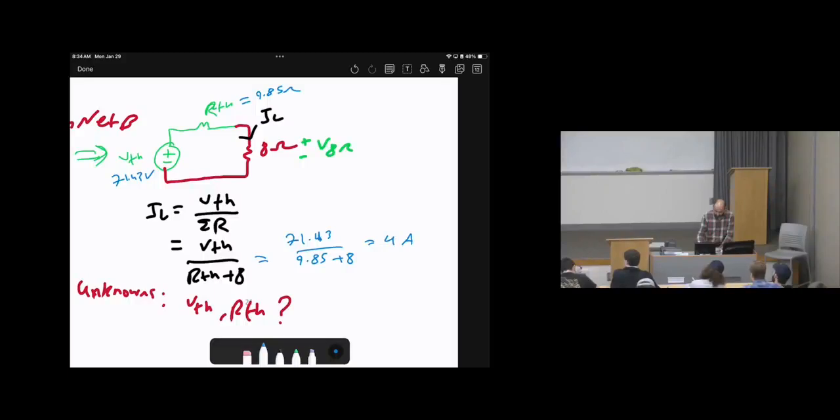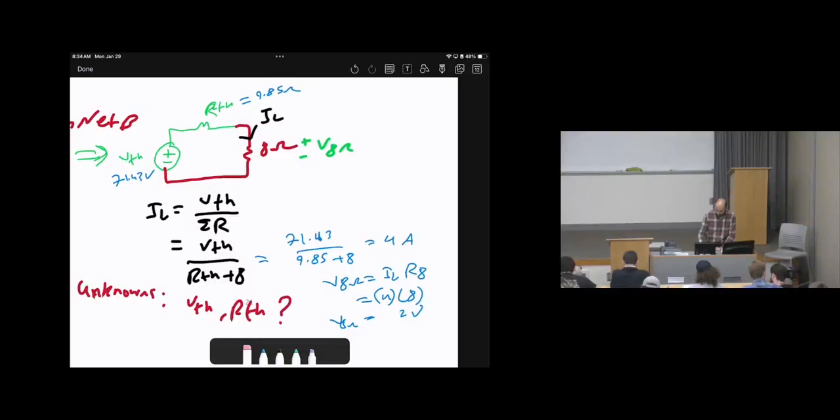So the voltage V8 ohms will be IL times R8. IL is 4, R8 is 8 ohms, so 4 times 8 is 32 volts. Okay?